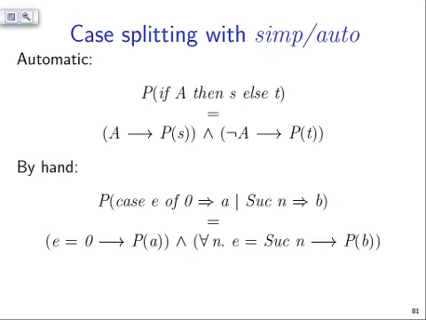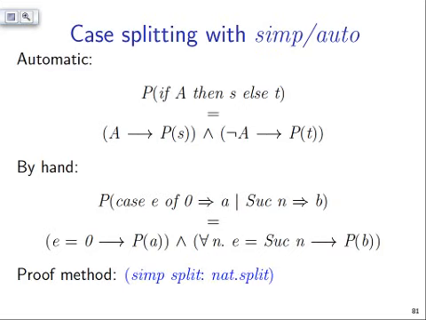And so now, in the enclosing context, the whole case expression has been collapsed down to B, because we're assuming that our expression E that we're making the case distinction on is a successor expression. In order to do that, you can modify the simp method, and you can say simp, and please split all case constructs over natural numbers.